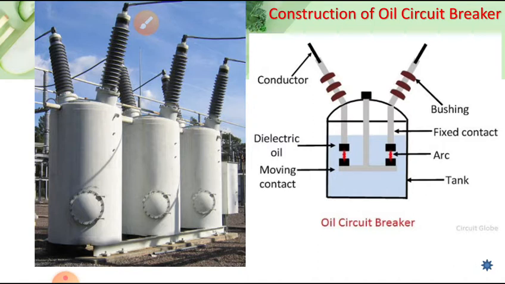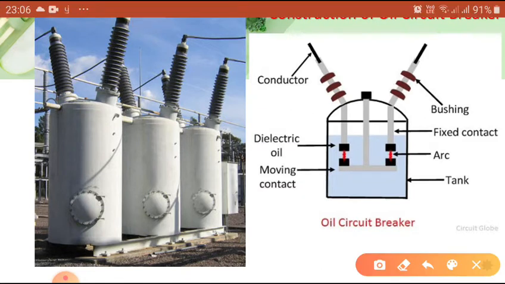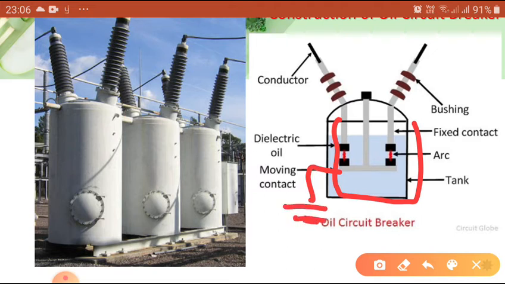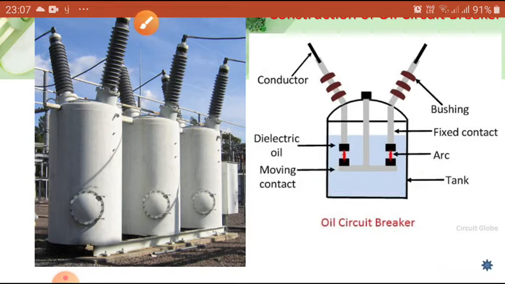Here you can see the transformer tank, and this is the earth, the metal part. The oil acts both as the arc quenching media and as insulation between the live parts and earth.